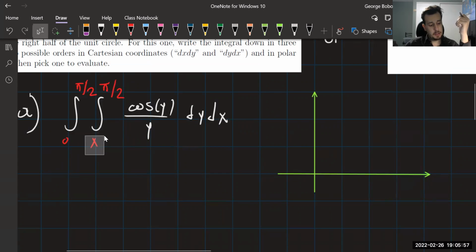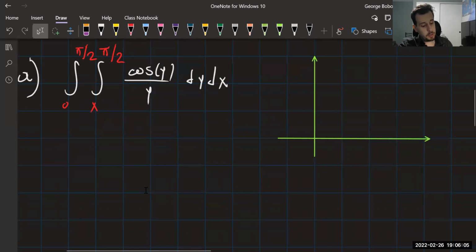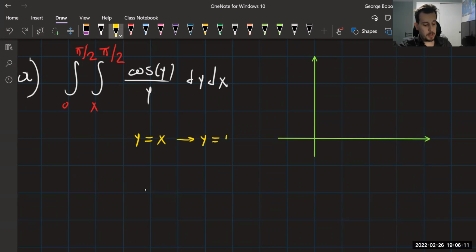I see that the first integral is the y integral, right? And I see that my y is going from y equals x to y equals pi over 2. Okay, so that's not a big deal. We can understand how this looks like.